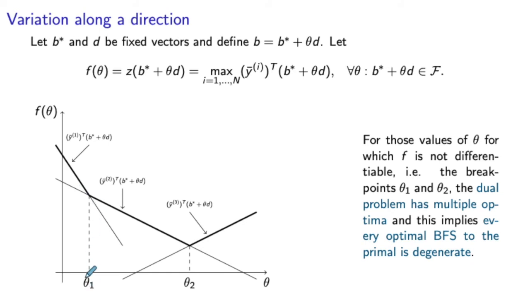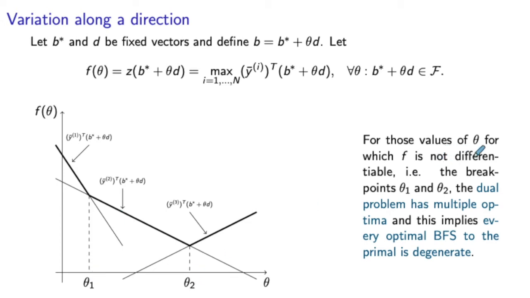Let's say for theta equal to theta 1, we have two optimal dual solutions given by y bar 1 and y bar 2. And in this case, we see that these correspond to these breakpoints, the points of non-differentiability for our function f of theta. So we see that on the plot we have 2 points of this type.